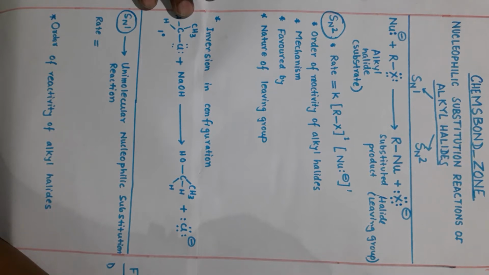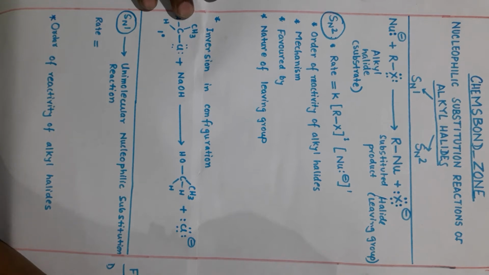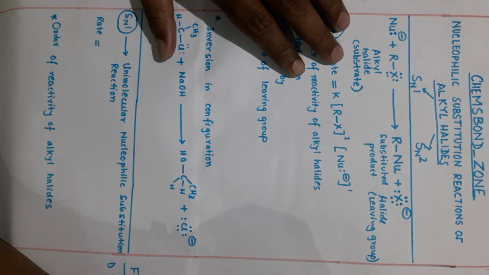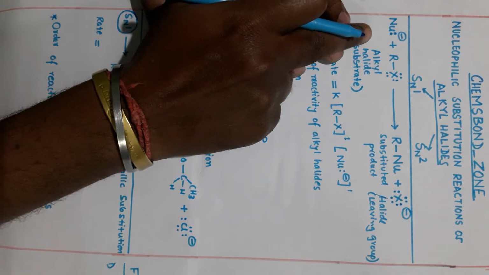So before going to today's content, let me revise some important points of Sn2 reactions. What we have studied is that a general nucleophilic substitution reaction of an alkyl halide can be represented by this reaction.